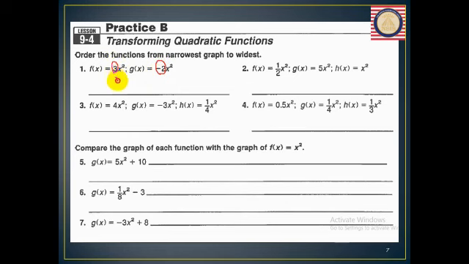Here it's 3, and here it's 2. Then, the smaller is the wider. So, 3x power 2 is the narrowest, and negative 2x power 2 is the widest. So, this is number 1, and this is number 2.